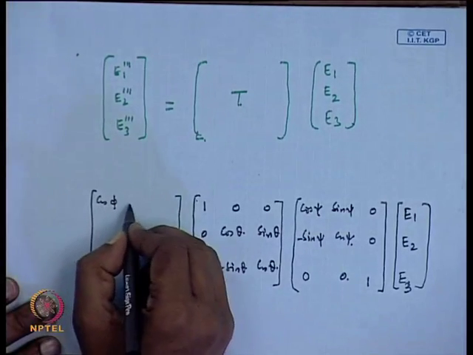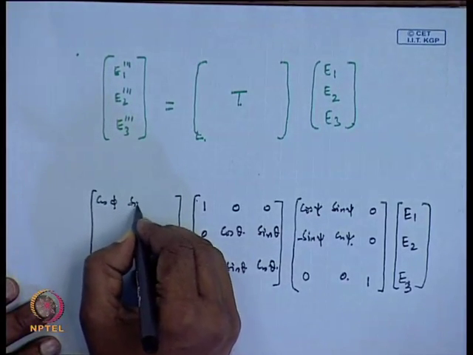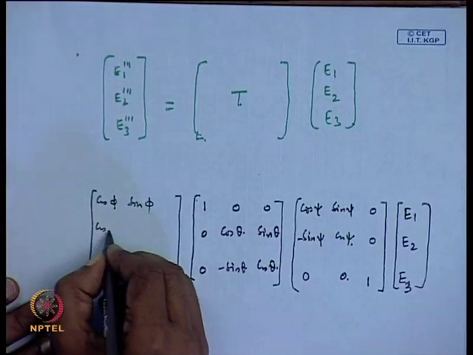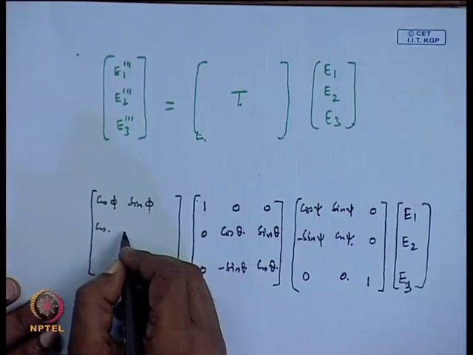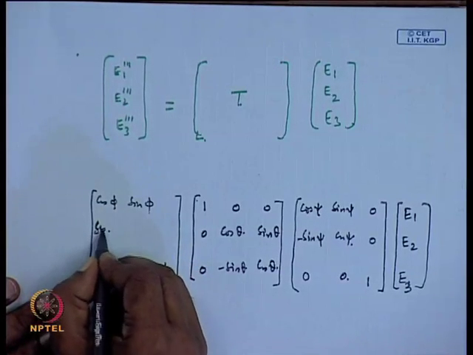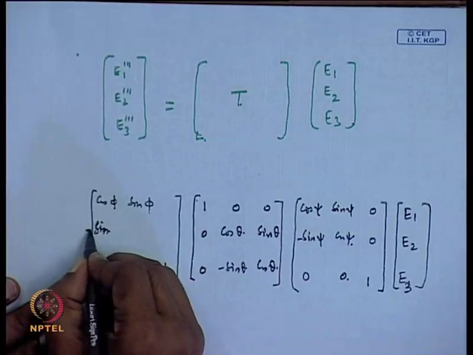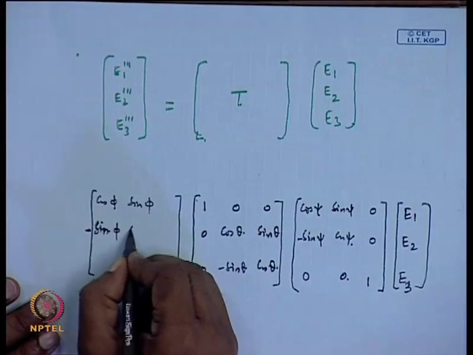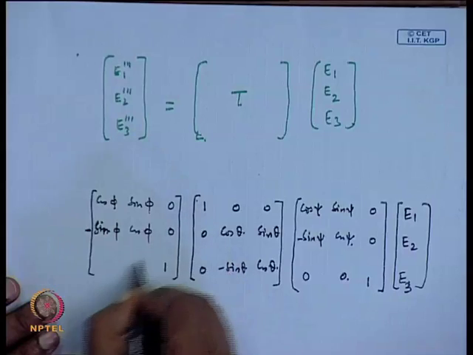So, this rotation is by angle phi. This is sine, and minus sine here, minus sine phi, cos phi 0 0.